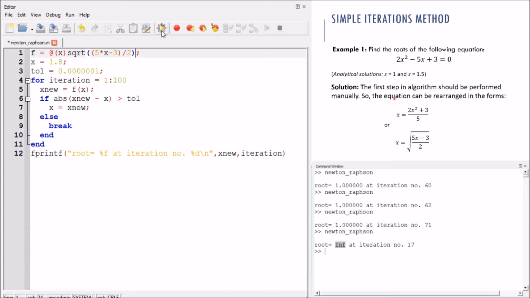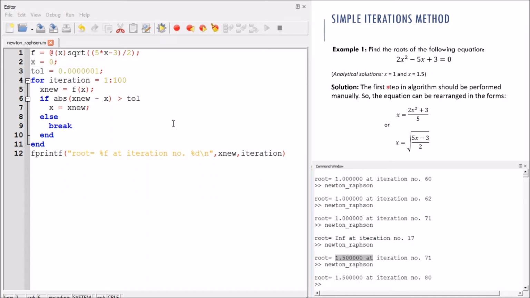Now let's run the code. We don't have to change the first, that's 1.8 as a first guess or initial guess. Very good. So it gave us the solution 1.5 at 71 trials. Let's try, for example, 0.